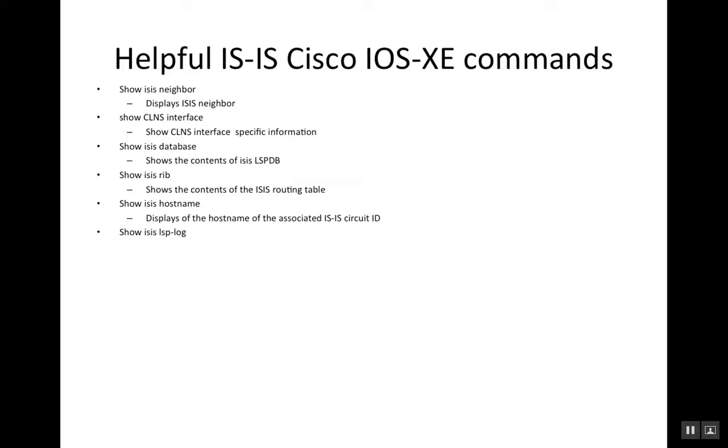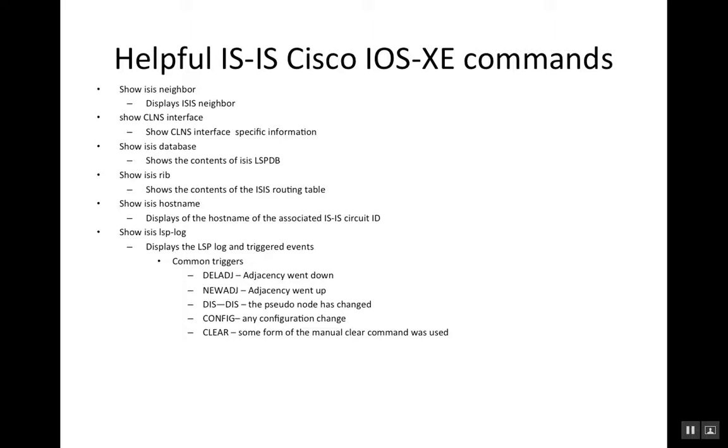The show ISIS LSP log displays the log for the link state information and the triggered events. The IOS command reference actually gives you a long list of triggers, but these are some of the more common ones that you'll see.